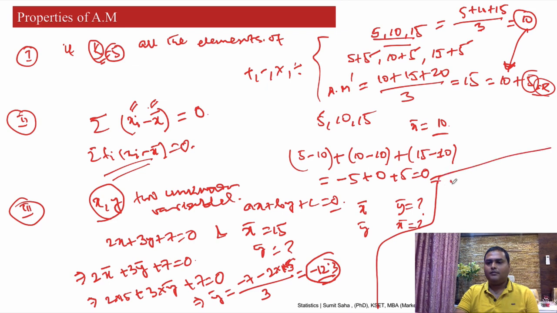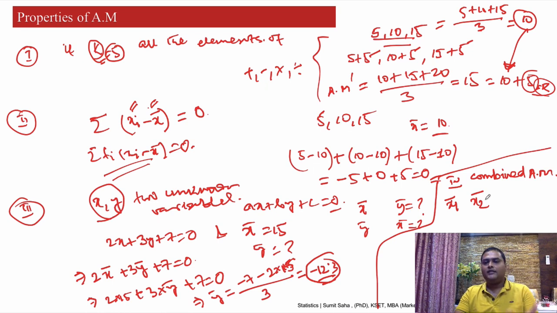And the last property is property 4, which we call combined arithmetic mean. It means what? Think that there are two data sets, x1 and x2, and it is given that x1 bar and x2 bar are two different arithmetic means.